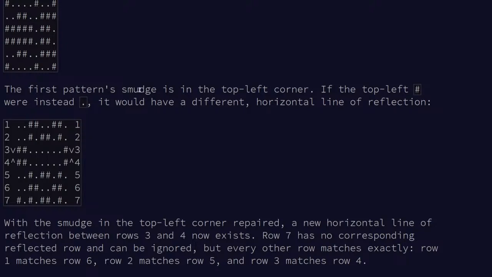The first pattern. The smudge is in the top left corner. Top left, how is it a dot? Okay, no. Smudge is in the top left corner.